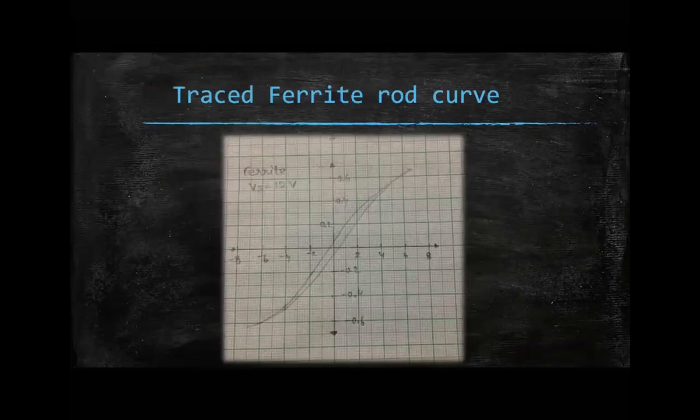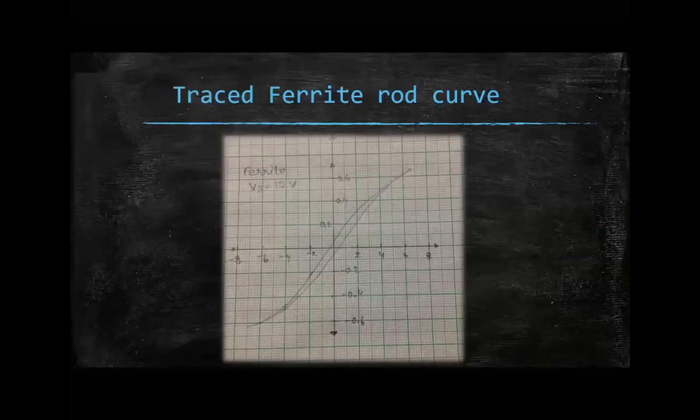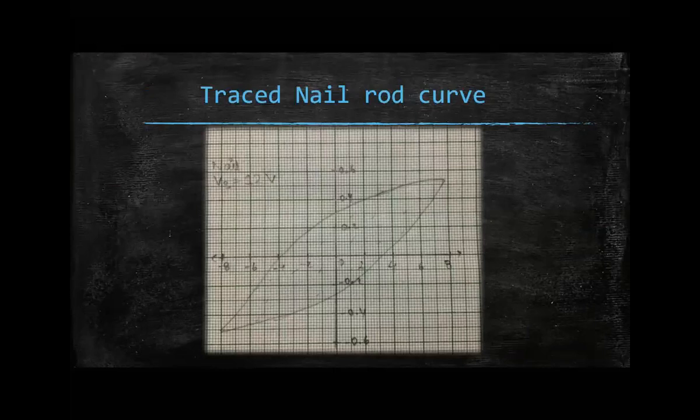is the ferrite rod. For the ferrite rod, you can see the area under this BH loop is very, very less. And coming to the nail, it has more energy loss, which is not a good material, of course.